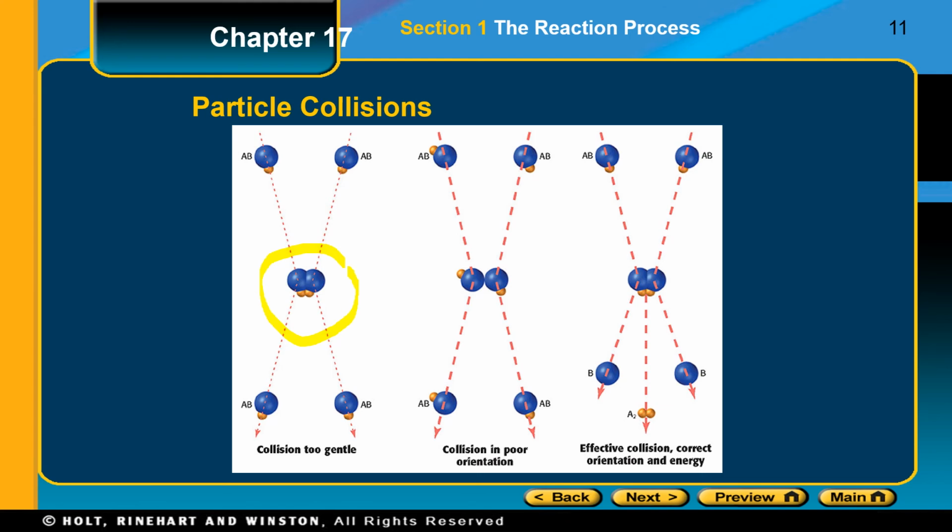And here they're maybe hitting hard enough to get them to react, but the atoms that need to interact are not on the right side of the atom. Let's say those two little orangey brown balls on the end need to be right next to each other.